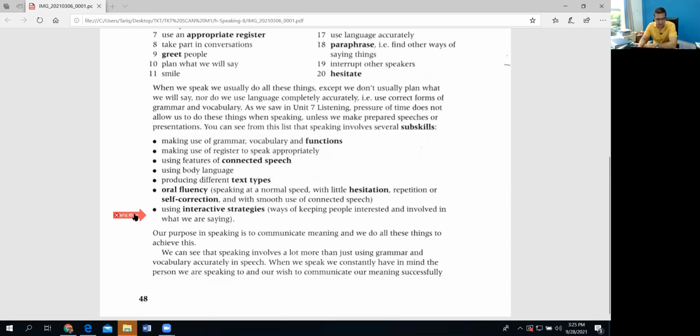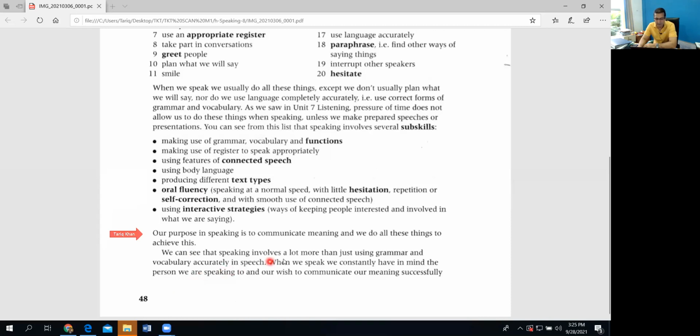Right. So the next one is, our purpose in speaking is to communicate meaning, and we do all these things to achieve this. What's the purpose? The purpose of speaking is communication. What I'm saying, the next person can understand, and what that person says, I can understand. So communication is what we want to achieve while we speak.